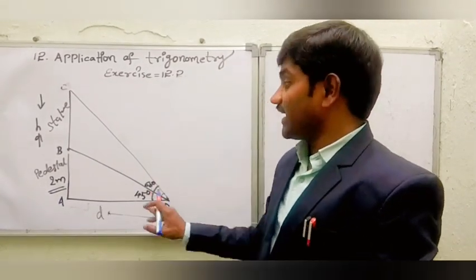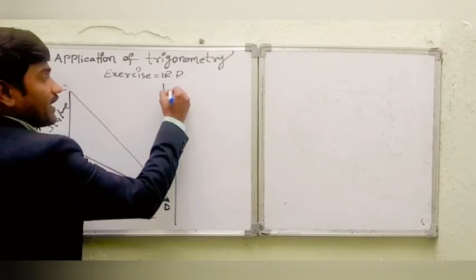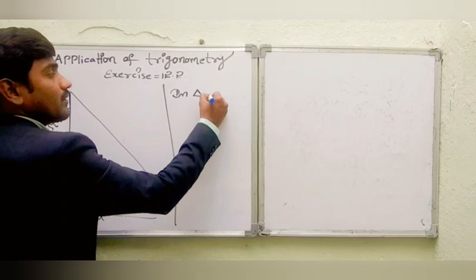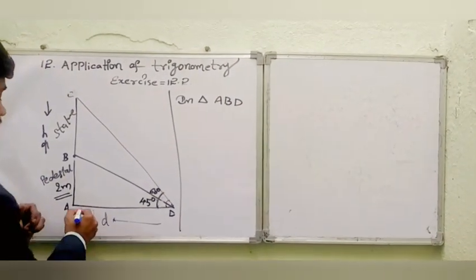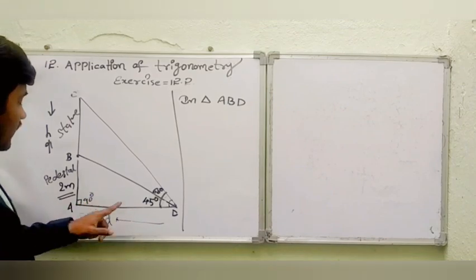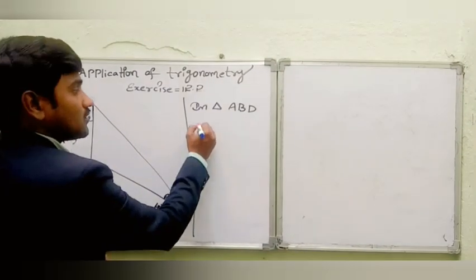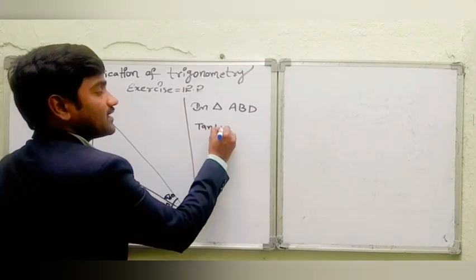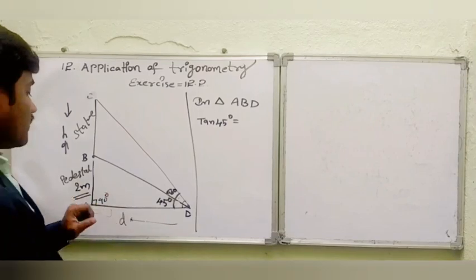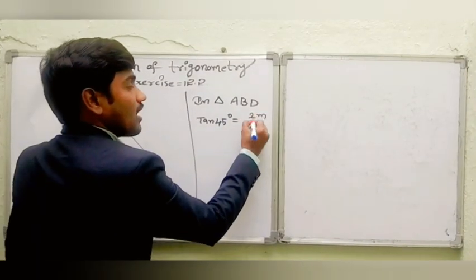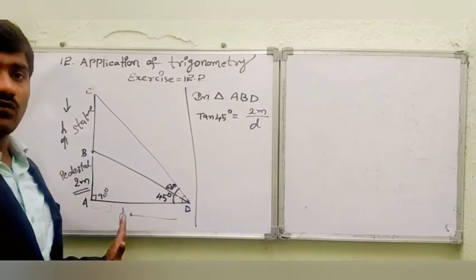Let us find out by taking the triangle ABD. First take triangle ABD, where this angle is 90 degrees. Now what is given, what we need to find out? This is opposite, and this is the adjacent side for 45 degrees. So we need to take tan 45 degrees. Tan is opposite by adjacent, that equals 2 meters by D, where D is the distance at which they are standing.